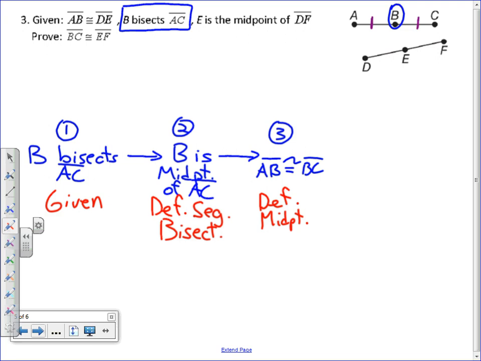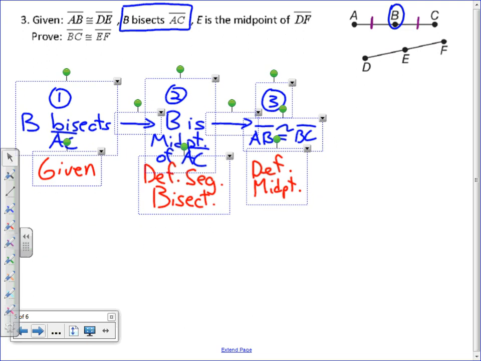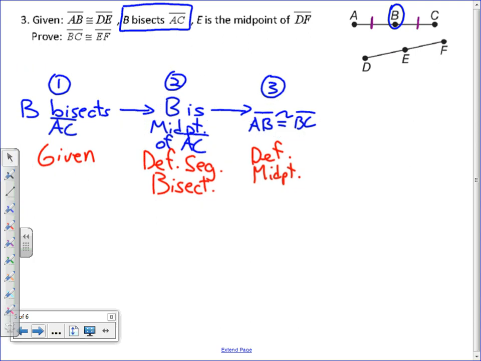Now, one of the things I told you before was when you can use transitive, you should try to use transitive. So I'm going to scoot these things up. So I recognize from my given that I have a segment AB, and in statement number 3, I have a segment AB. So I'm going to go ahead and use my other given now and set up a transitive. So my fourth statement, I'm going to put right below it, and I'm going to say segment AB is congruent to DE.